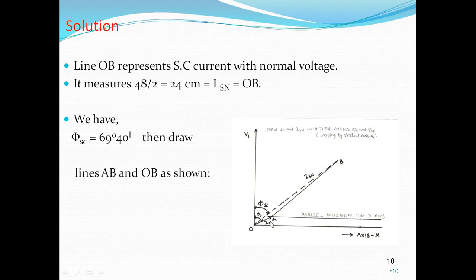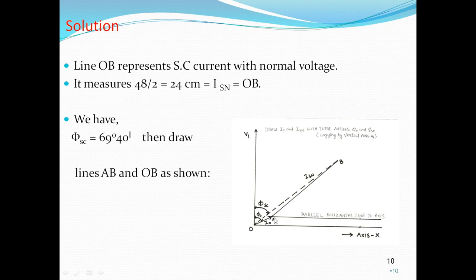So this is how you draw OB, and next OX, then draw OA at an angle of phi naught, then draw OB that is phi SC and join AB.